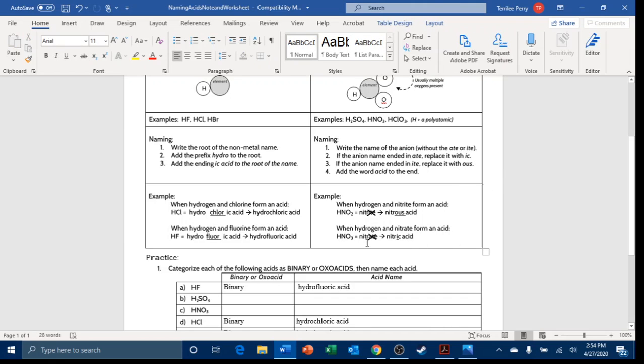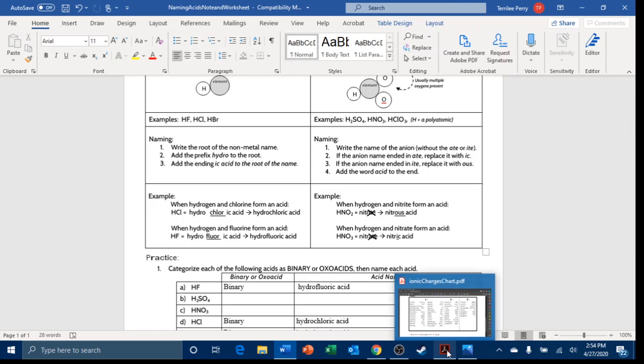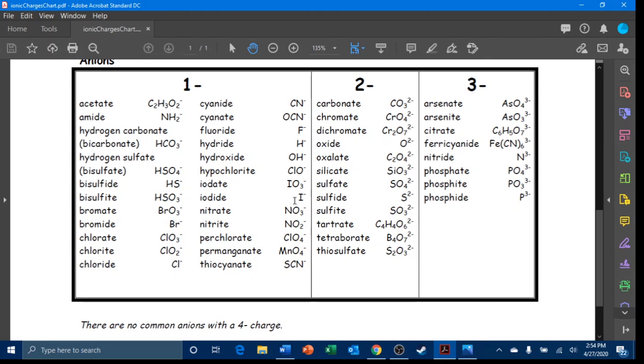Okay, if it's HNO3, let me pull this back up for you. NO3 is nitrate right here. And NO2 is nitrite.